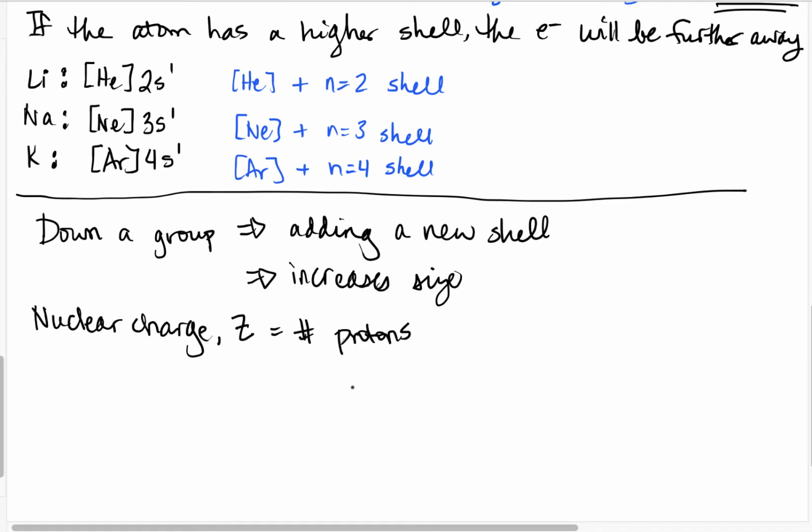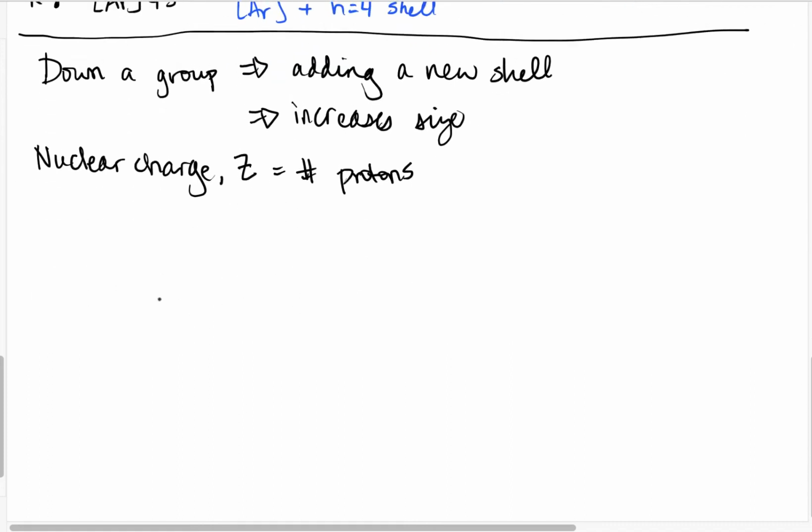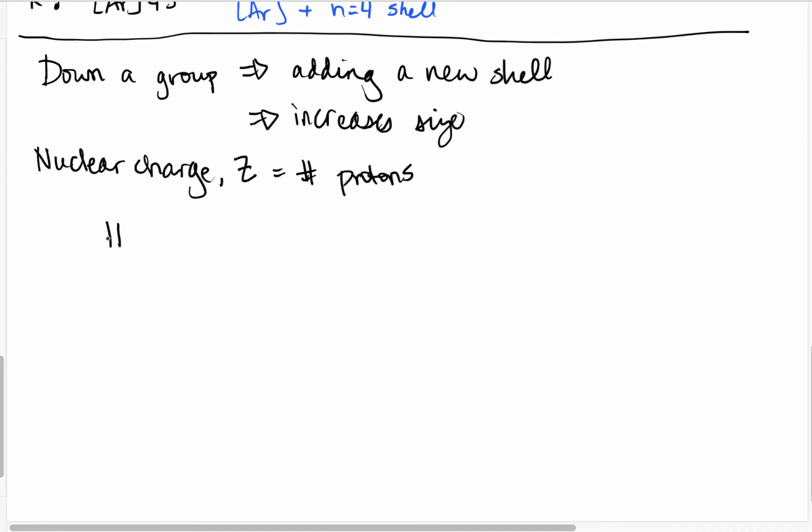So let's think about what's happening inside a hydrogen atom versus a helium atom. In a hydrogen atom, our electron configuration is 1s1, and in helium it's 1s2. And so we know that we have one proton and one electron in this hydrogen atom. We have 2 protons, 2 neutrons, and 2 electrons in this standard helium atom.